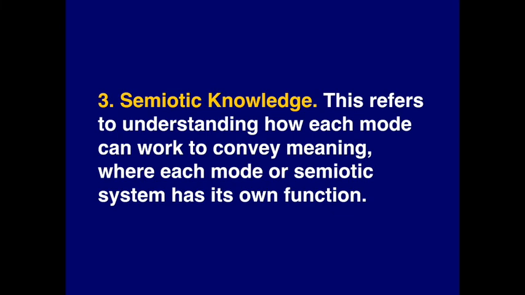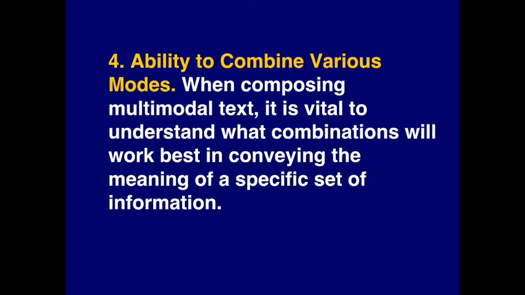Number 3, semiotic knowledge. This refers to understanding how each mode can work to convey meaning, where each mode or semiotic system has its own function. Number 4, ability to combine various modes.